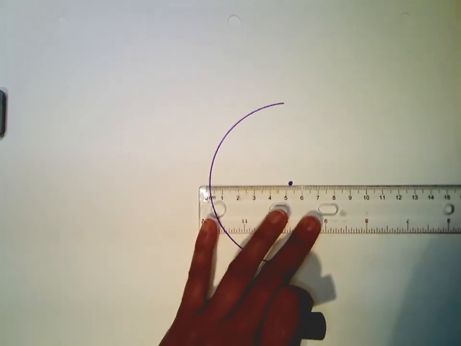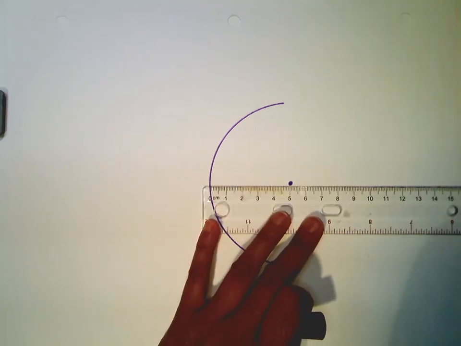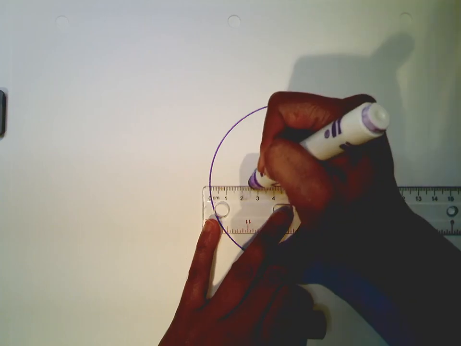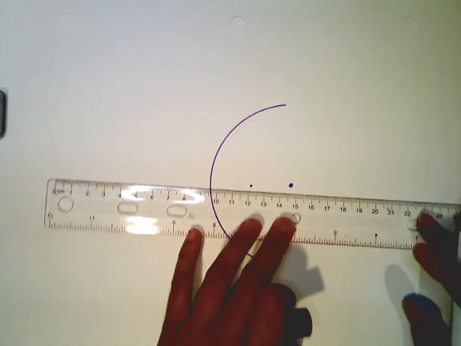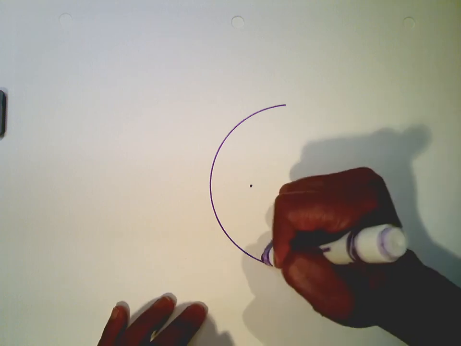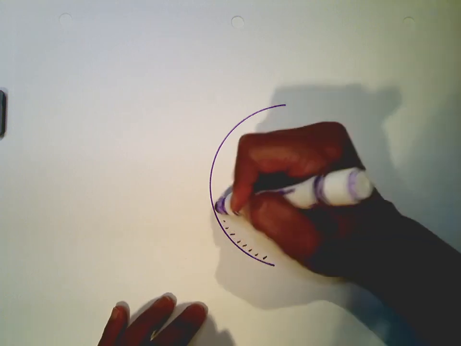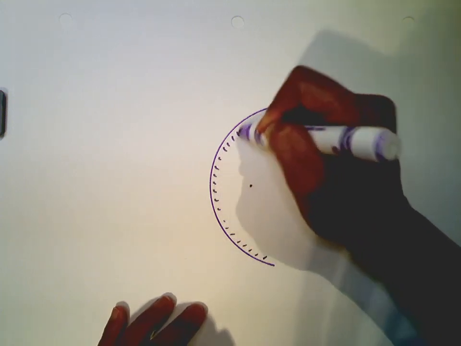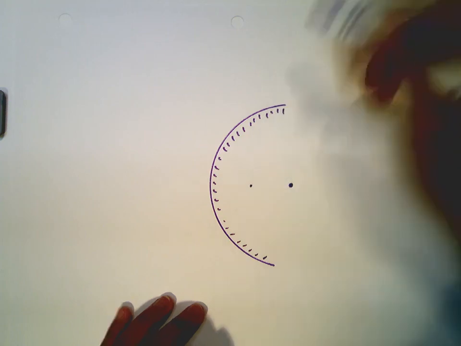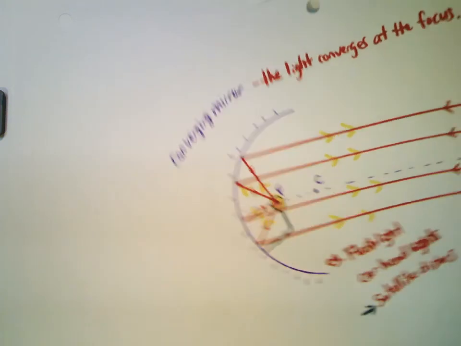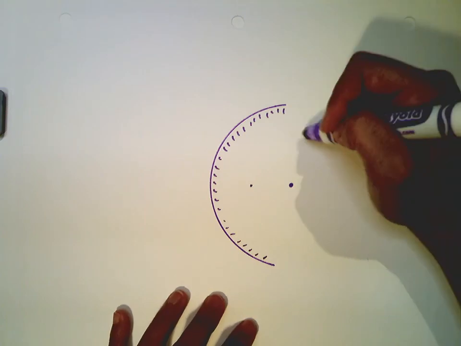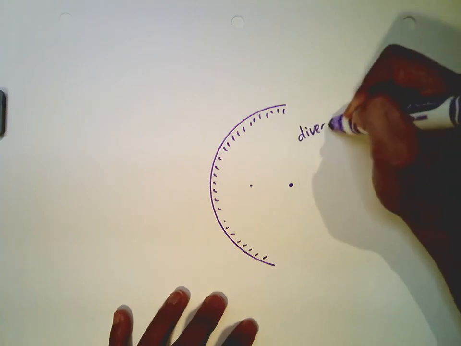Again, it's halfway, which is right here. And the difference is the backing is on the inside. If you can't remember what the backing looked like before, that was the converging mirror. This is the reverse. So this is called a diverging mirror.